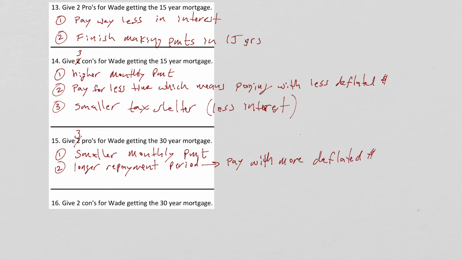In other words, you'll allow more time to pass while you're making those payments, so inflation will happen for a longer period of time. And number 3, you'll have a bigger tax shelter. You're going to pay more in interest.